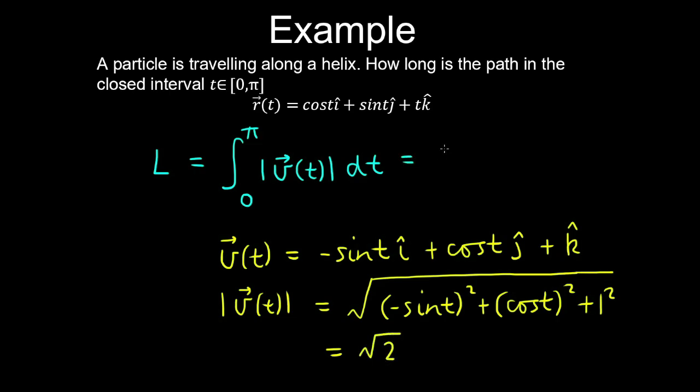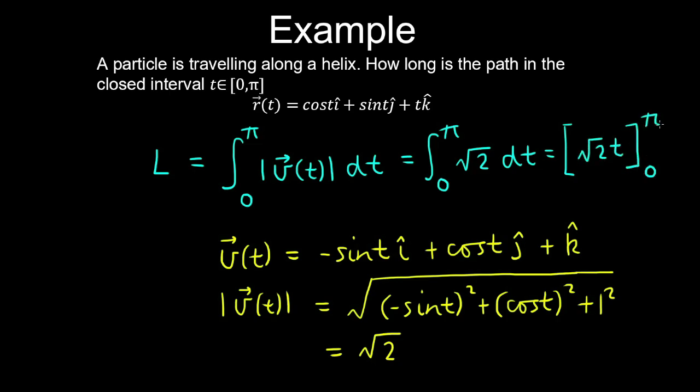So we have the integral from 0 to pi of root 2 with respect to t, and that gives root 2 t evaluated at 0 and pi, which gives pi root 2.